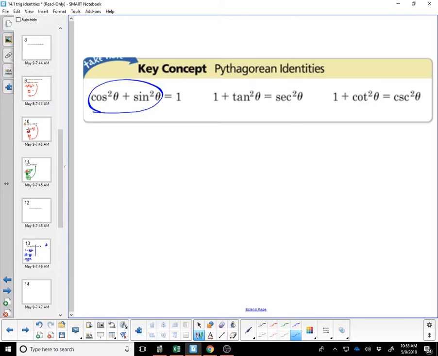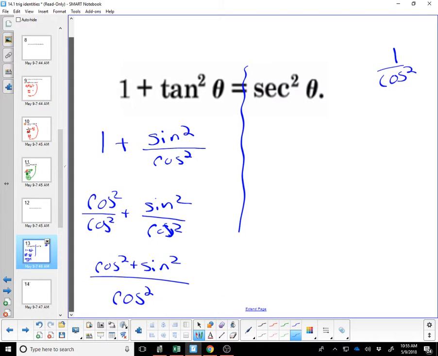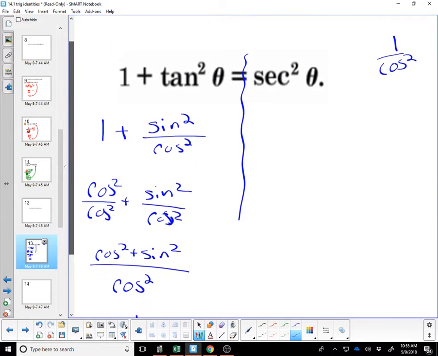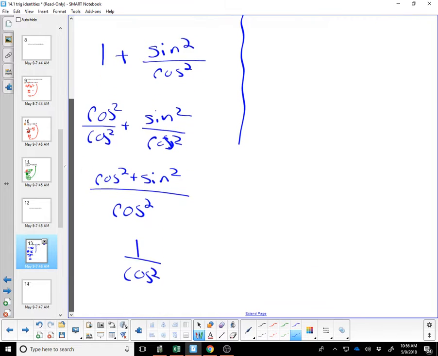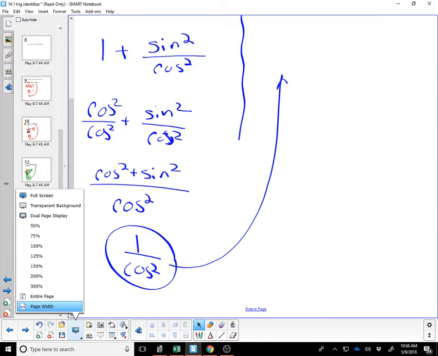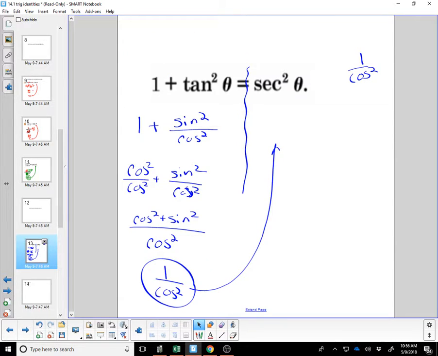So I'm just going to make this 1 over cosine squared. Wait a minute. Isn't that what I wanted? So guess what this is, people? That is simply secant squared. Trig. Pretty cool? Yeah, I tell you, this is fun.